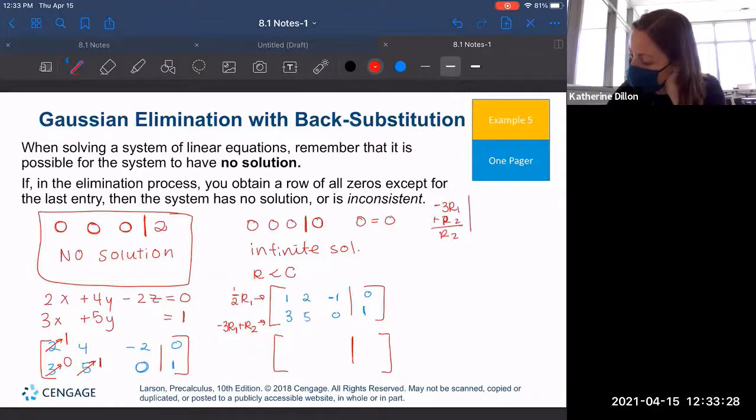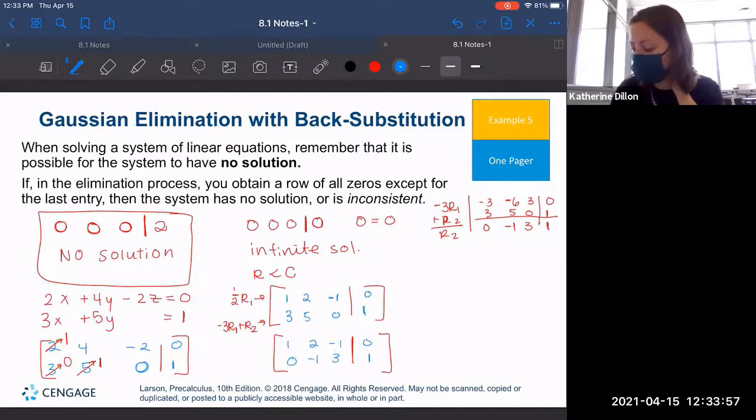So I'm going to have negative 3, negative 6, positive 3, 0, plus 3, 5, 0, 1. I end up with 0, negative 1, 3, 1. So I keep my row 1 the same, but I put my new row 2 there.